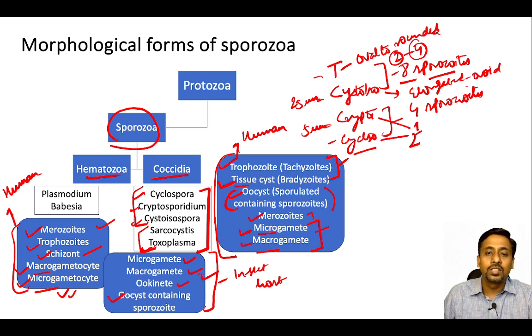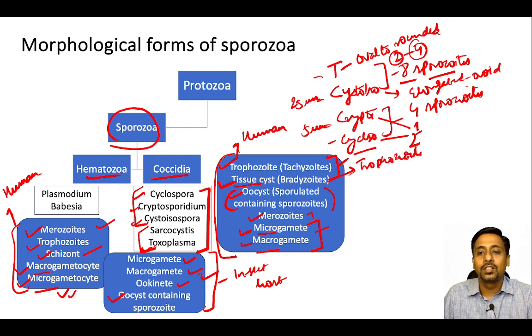Now the tissue cyst, which contains basically the bradyzoites, is present inside either the skeletal muscle or brain depending upon the species. So these bradyzoites are trophozoites in case of toxoplasma, whereas they are merozoites in case of sarcocystis.